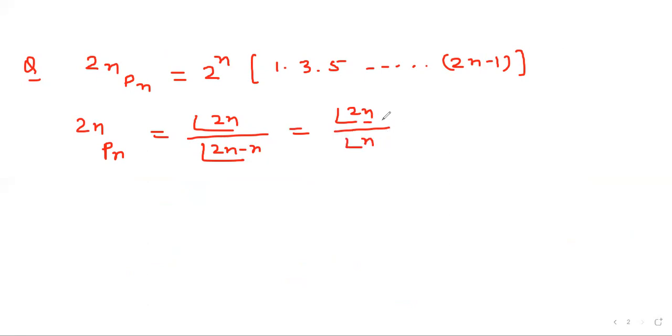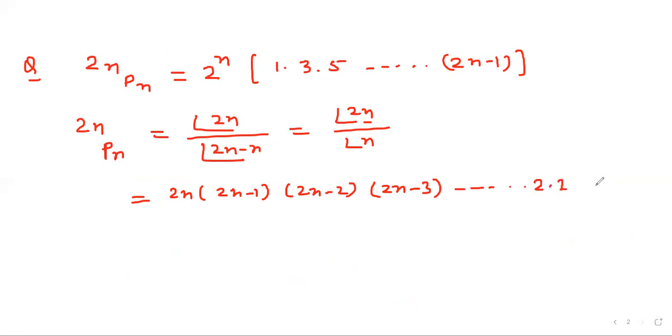Now we expand factorial 2n. So 2n, 2n minus 1, 2n minus 2, 2n minus 3 till 2, 1, whole divided by factorial n. Now we keep outside even numbers.